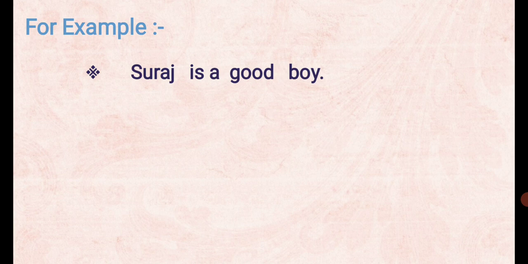Okay, let's see an example of it. Suraj is a good boy. Here, what is the active part, the doer part of the sentence? What is the subject of the sentence? So Suraj is the subject, right? Now in this sentence, is there a verb?